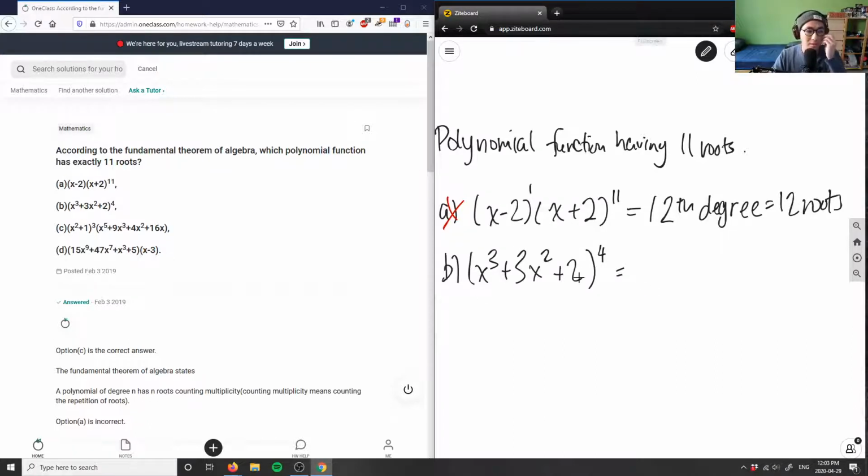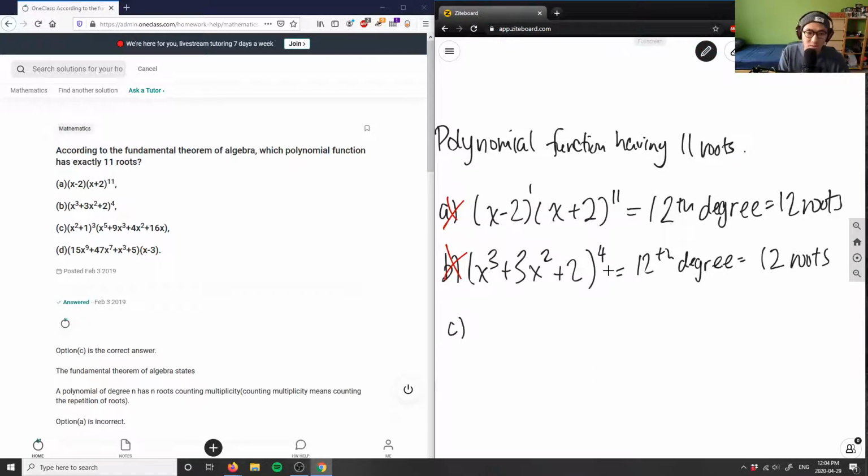Within the bracket we have a cubic function, x cubed plus 3x squared plus 2, which means the highest degree we can get is x cubed to the power of 4. So 3 times 4 gives me 12 again, the 12th degree, which would be 12 roots again. This would not be our solution because we are looking for 11 roots, so this is incorrect.